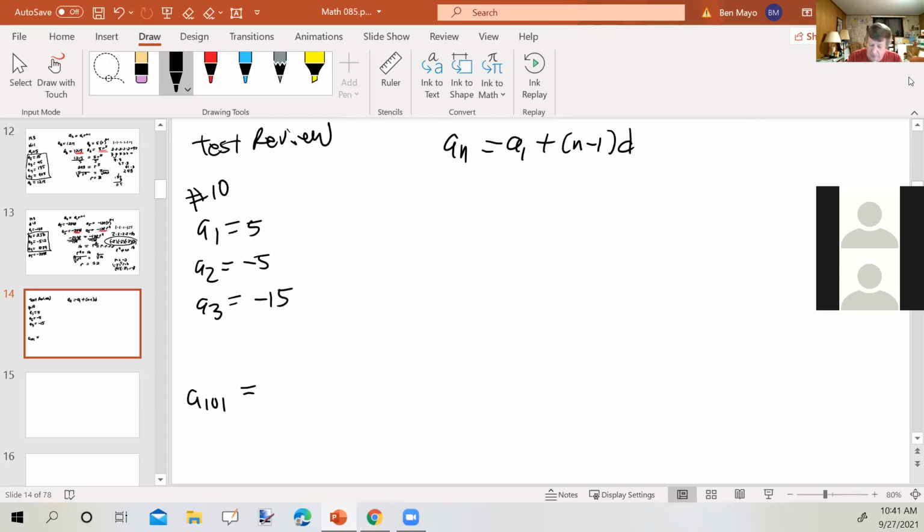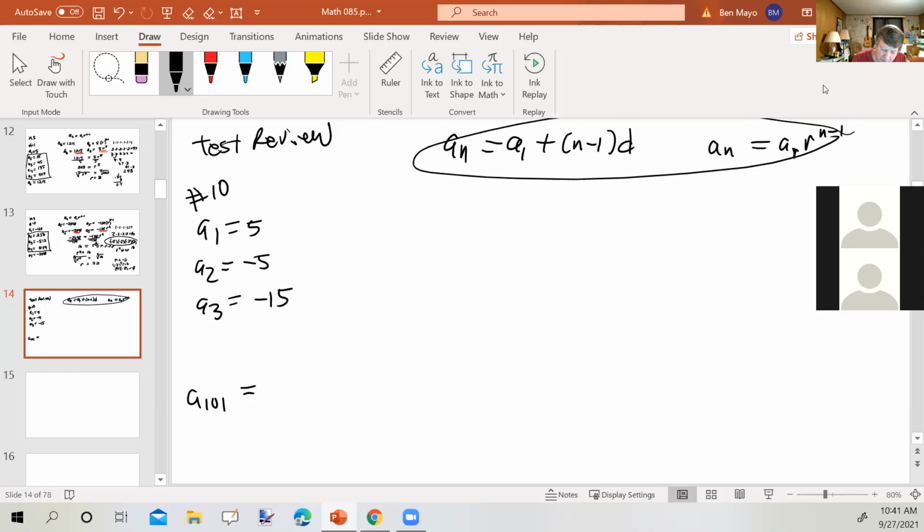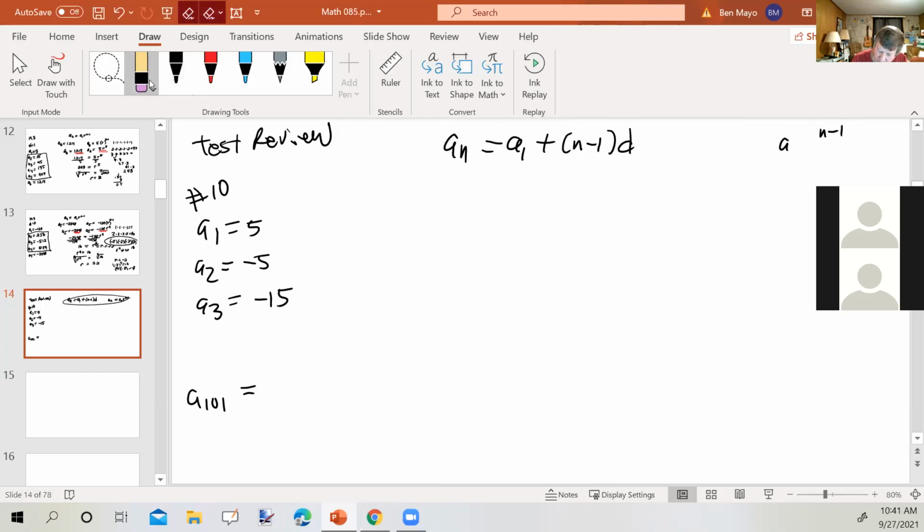Just a reminder that I mentioned the other day, you can have these two formulas on a piece of paper while you're taking the test. Okay, so what we've got here is we need to find the common difference.